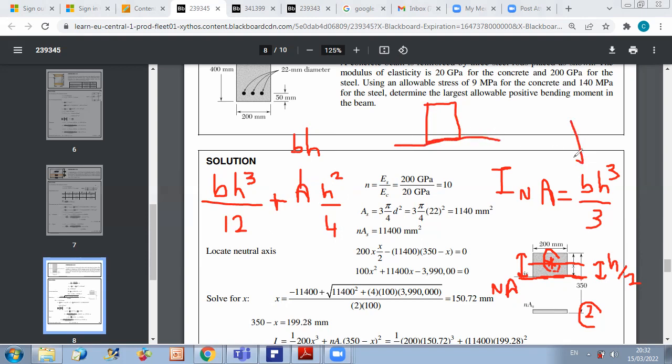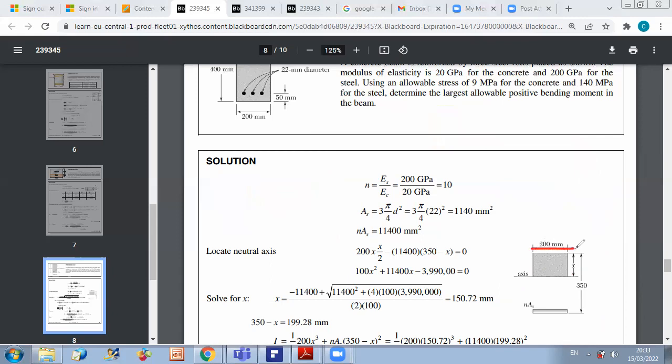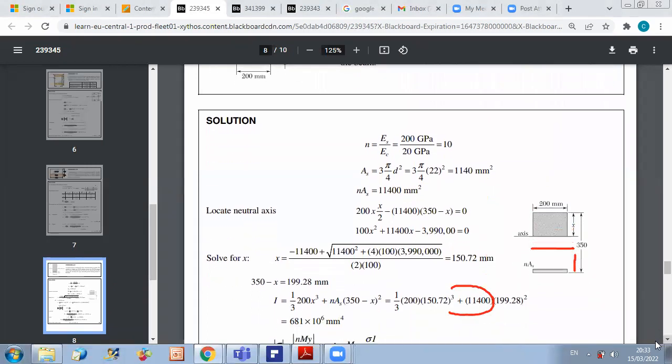You can directly use that the equivalent inertia about this axis is bh cubed over 3. This is why here, if we apply it, b is 200, h is x, and you calculated the value of x. So then for part 1, the inertia is 1 over 3 times 200 x cubed.